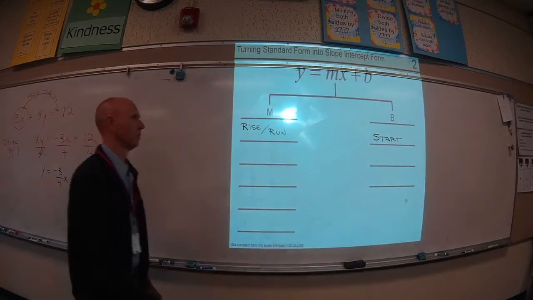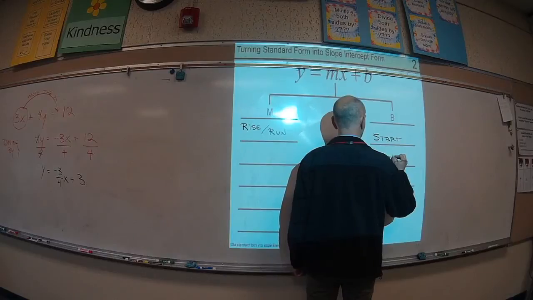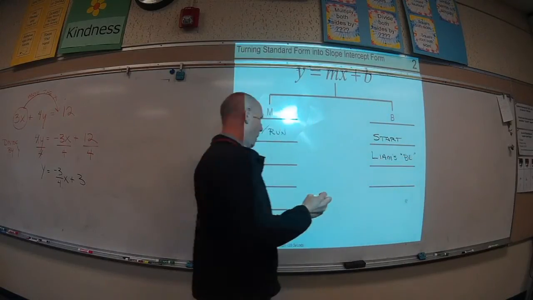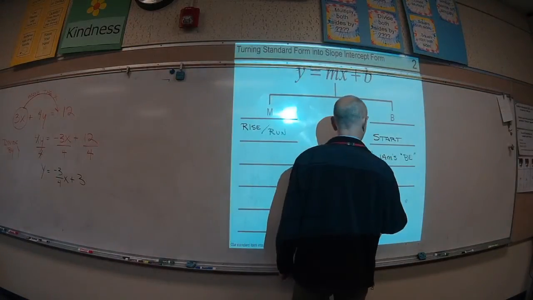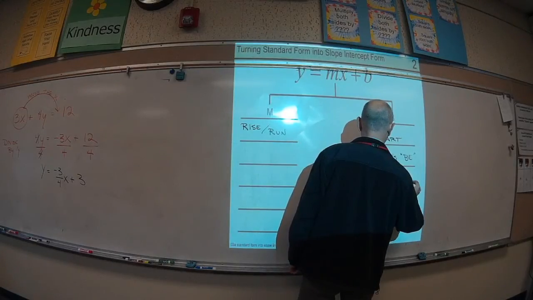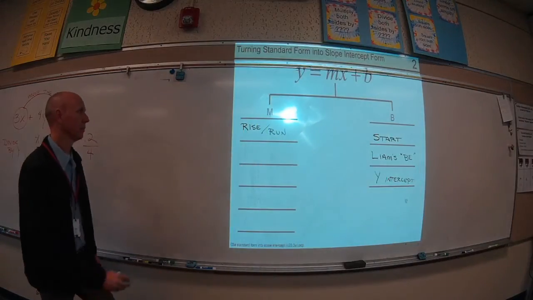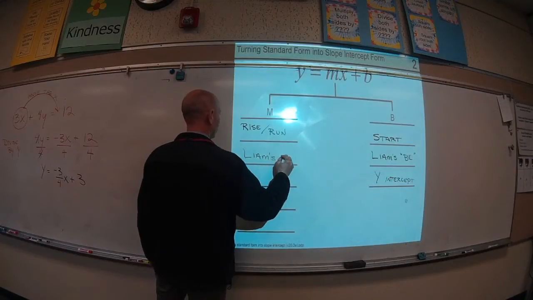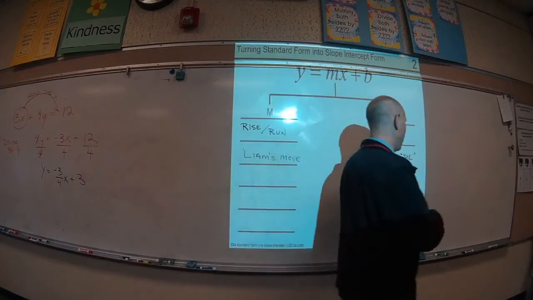B is Liam's B. Gianna? B is the y-intercept. Braden? M is Liam's move. Ganser?